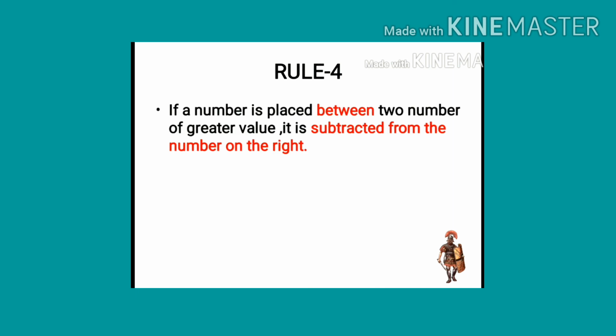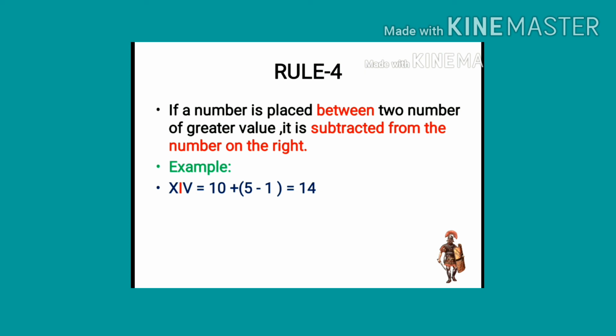Rule 4. Now, if a smaller numeral is placed between two numerals of greater value, it is subtracted from the numeral on the right. Let us see some examples for this. Now, X I V. We can see that the numeral I is in between the numerals X and V, which is a smaller number. So, this is written as the first number 10 plus the number 1 subtracted from the number 5. 5 minus 1, which is equal to 4.